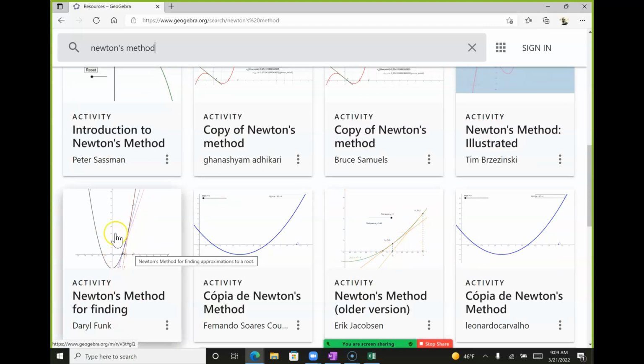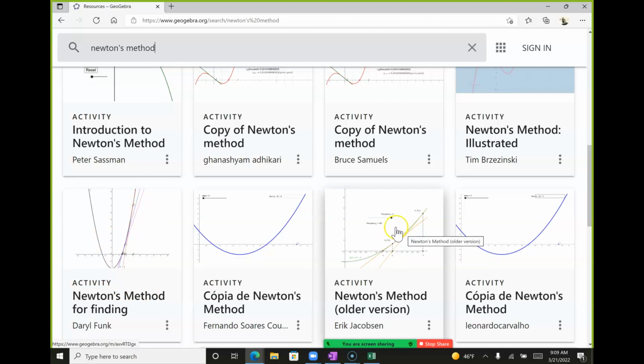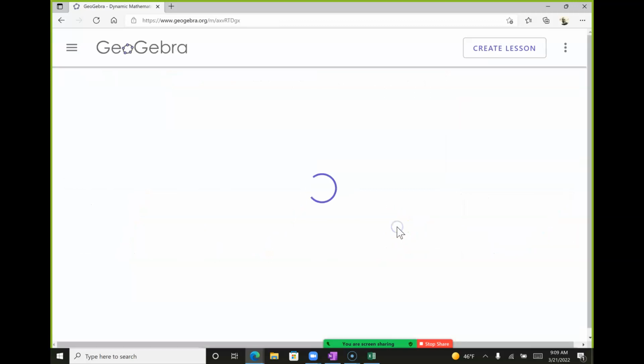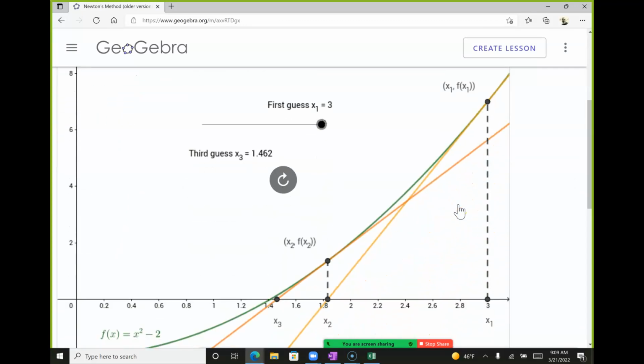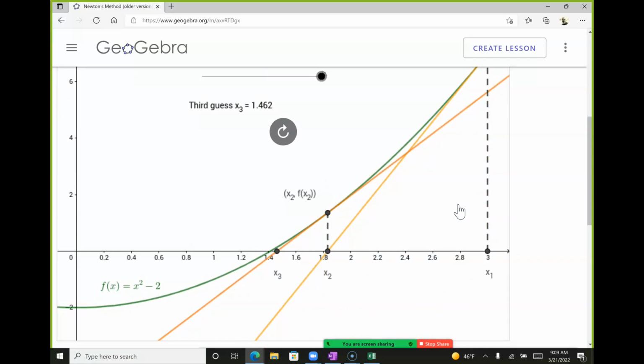Here's another one here. Because I want to be able to see the initial guess, the initial tangent line, and where it hits, and then rinse and repeat, right? So when I get a lot of tangent lines, it's hard to deal with it. But this is nice because it's giving me, right, 2 tangent lines with different colors kind of on it, right?